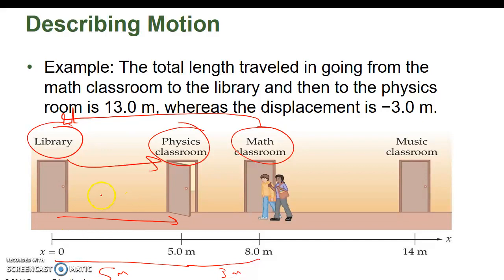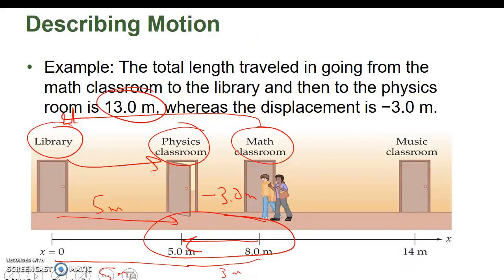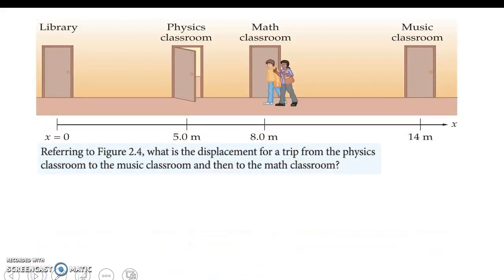And then we travel back, which is 5 more. So we have traveled a total of 13 meters in distance. But our displacement is this way, so it's 3 meters, but since we're going left, it's negative 3 meters. So distance is the full path traveled. Displacement is where we start to where we finish. In this case, negative 3 meters.